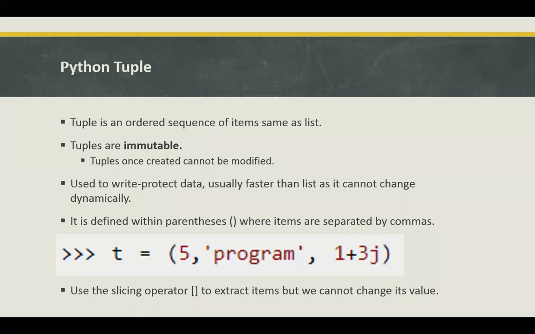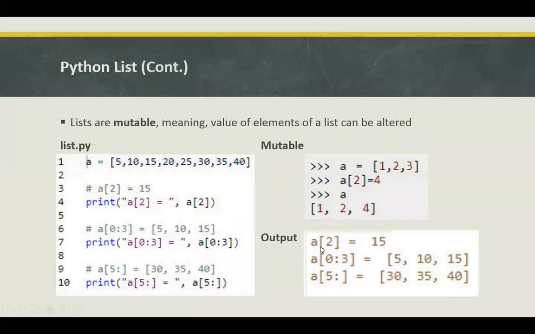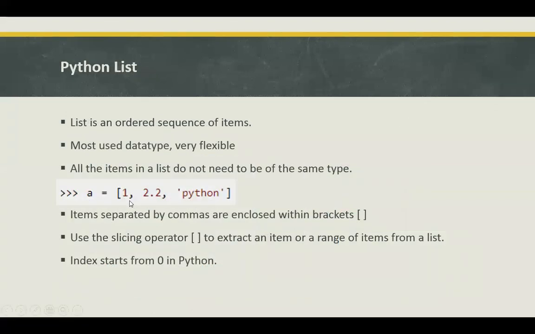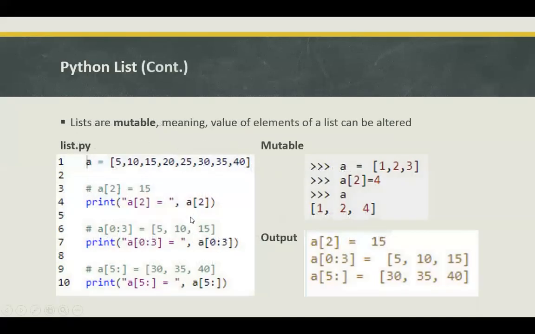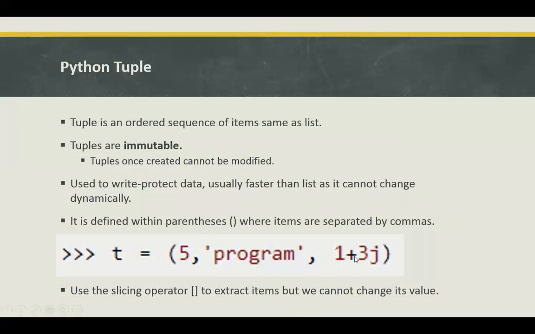So what is the difference? Even though you will find the list and tuples both are the same, integer, float, string separated by commas, in a tuple also every value is separated by commas, and again with different data types like integer, string, and complex number.